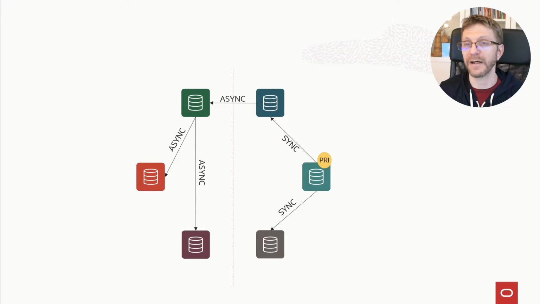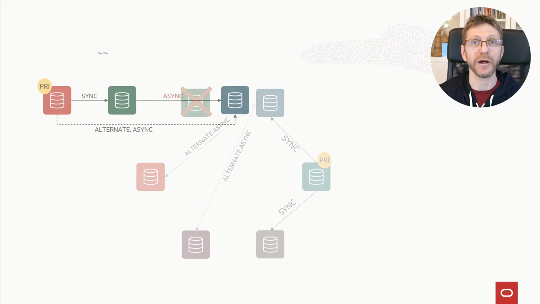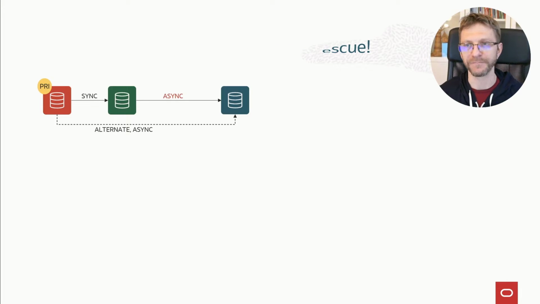So it's hard to manage everything by hand. And maybe there are cases like what happens if the green database is not available. I might want to have an alternate destination in case green is not available, and managing this by hand is very complex. But Data Guard comes with the RedoRoutes property that helps configuring all those situations very easily.